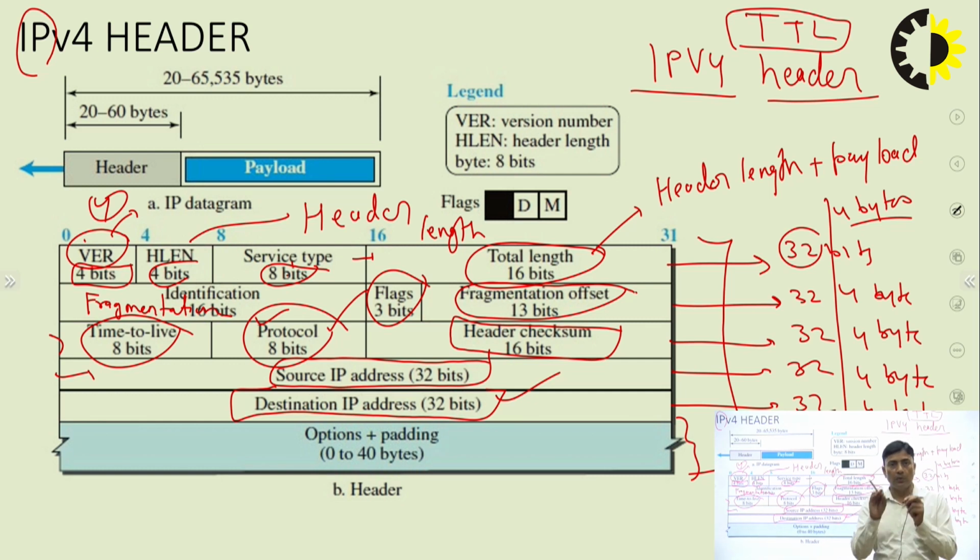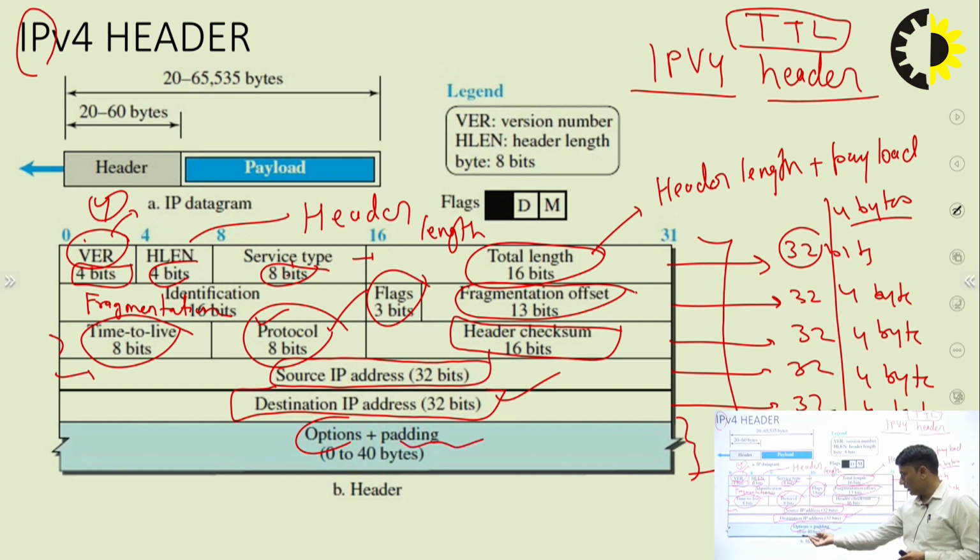So there must be a source address and destination address in each packet, so that during the communication, intermediate nodes or routers can forward it to the appropriate link, to the appropriate route toward the destination.